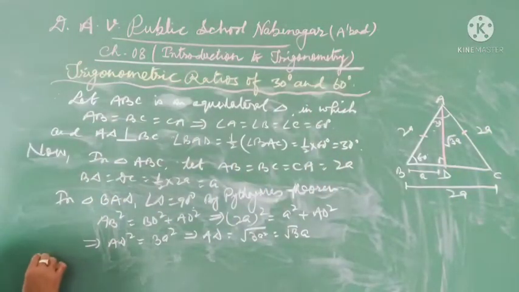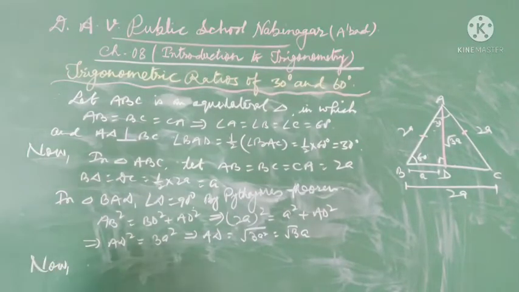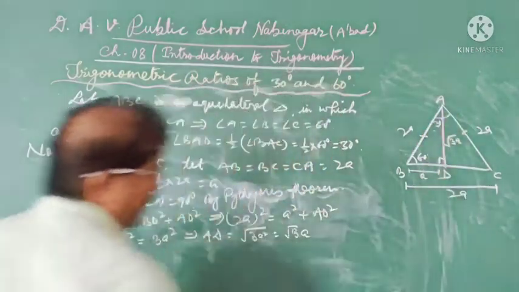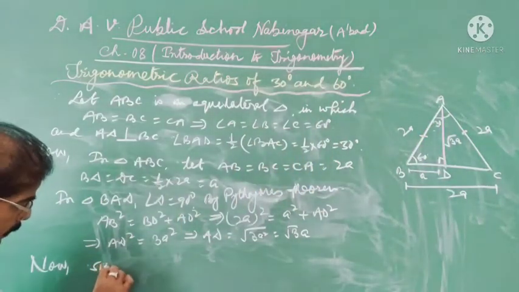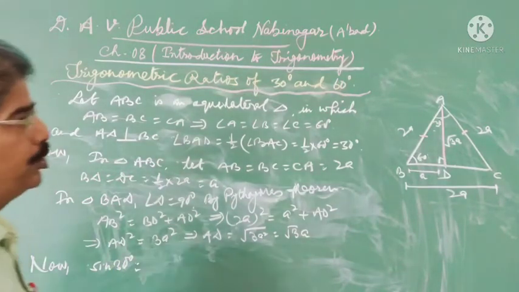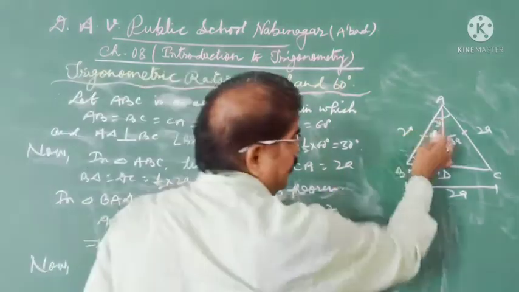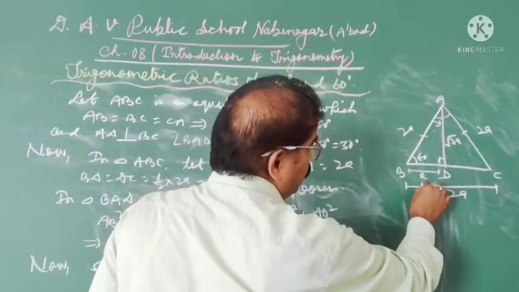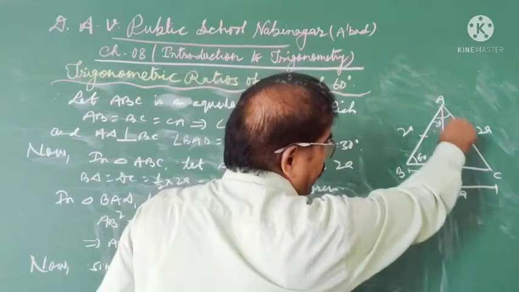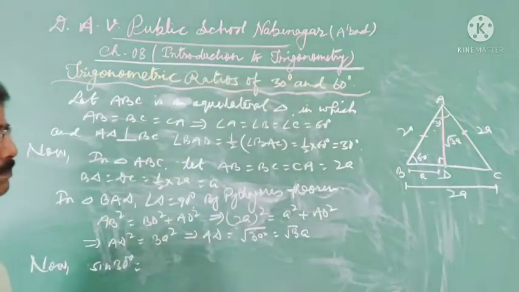Now sin A, that means sin 30 degree. For angle A, the opposite side BD is the perpendicular, AB is the hypotenuse and AD is the base.